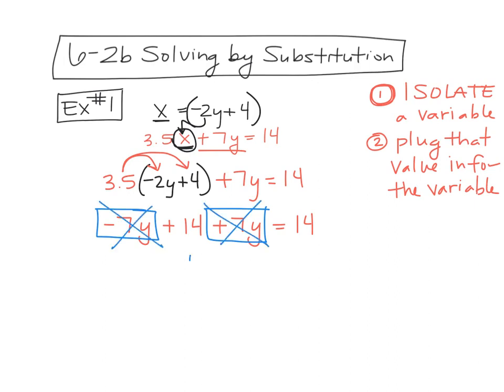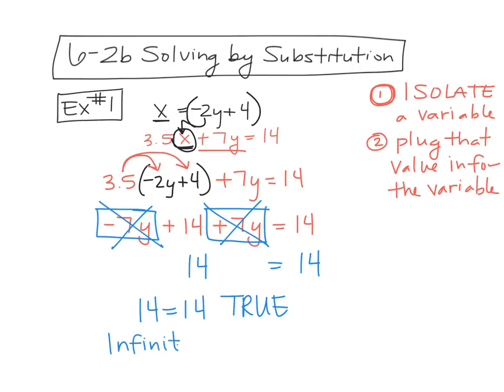Now look what you're left with right now. 14 equals 14. Is that a true statement? Does 14 equal 14? Yeah. Your variables are gone. If your variables go away, you cannot name a point. So your answer, when you get something like this, that is a true statement, your answer is infinitely many solutions.